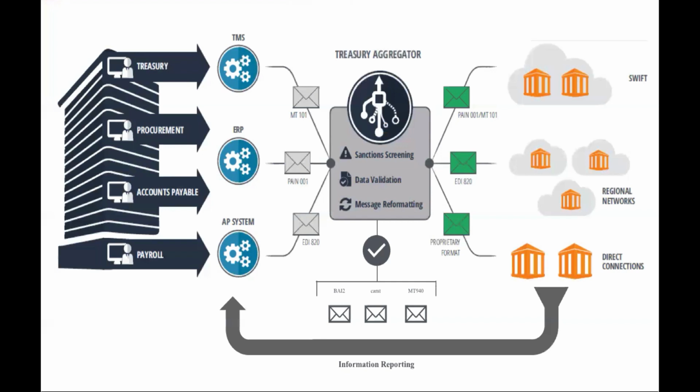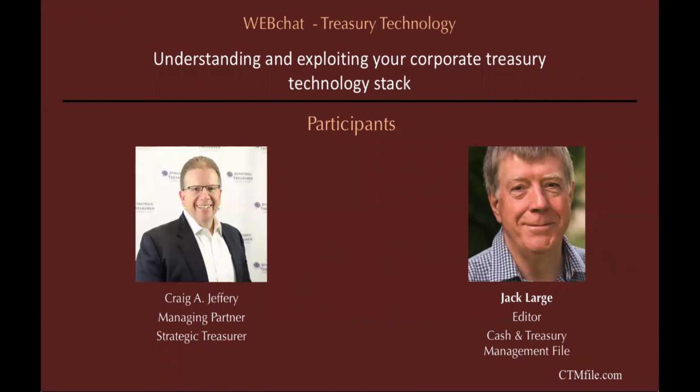Looking forward, what would be your overall comment about Treasury technology, which Treasury Aggregator is part of? Everyone recognizes that Treasury has had an increased level of expectations placed upon that function due to different levels of risk, the ability to see things. With that expectation means you have to be able to respond more rapidly.